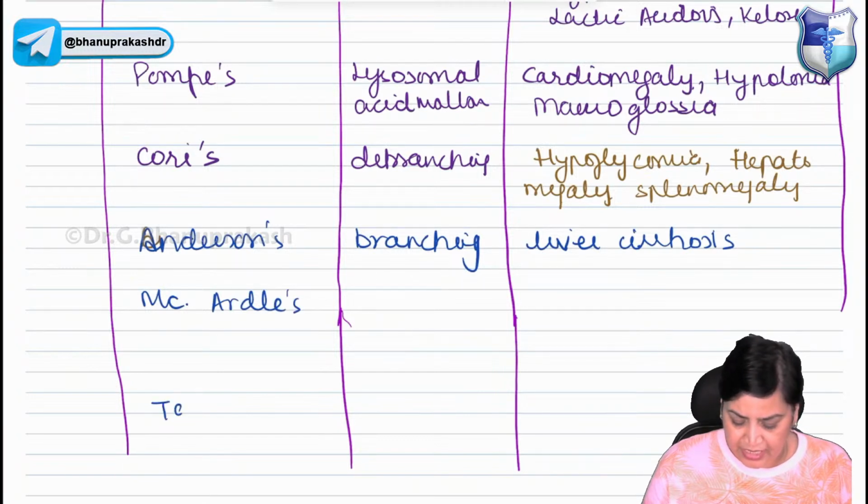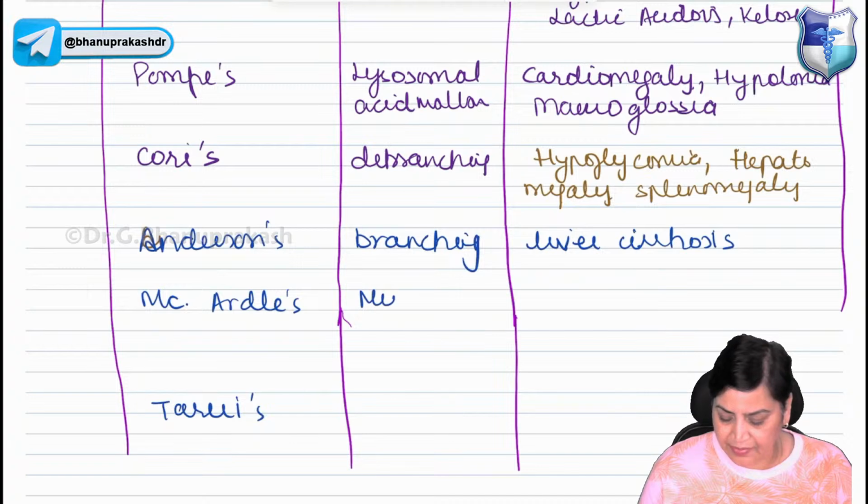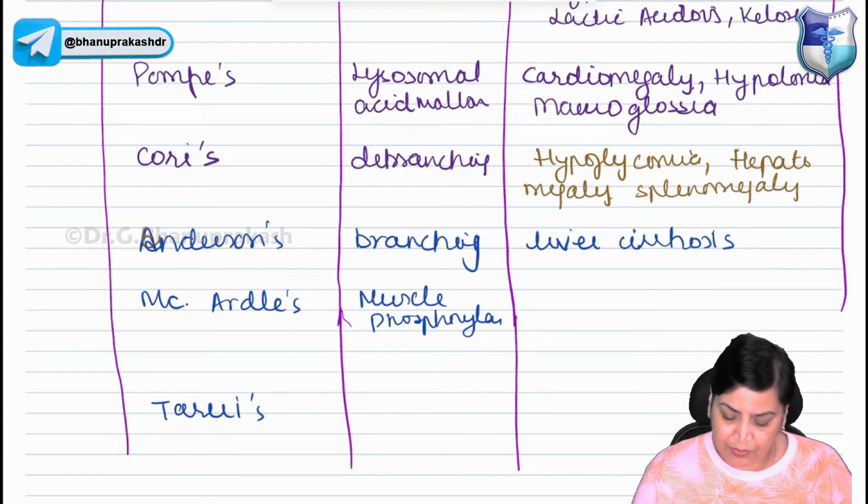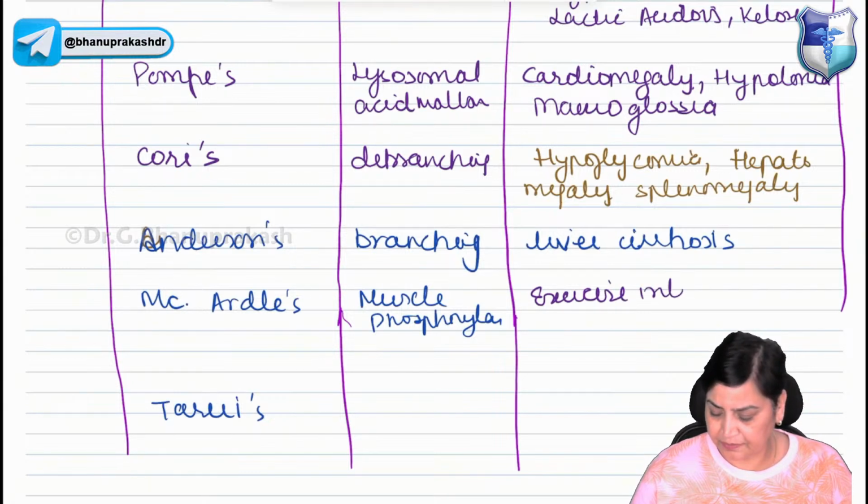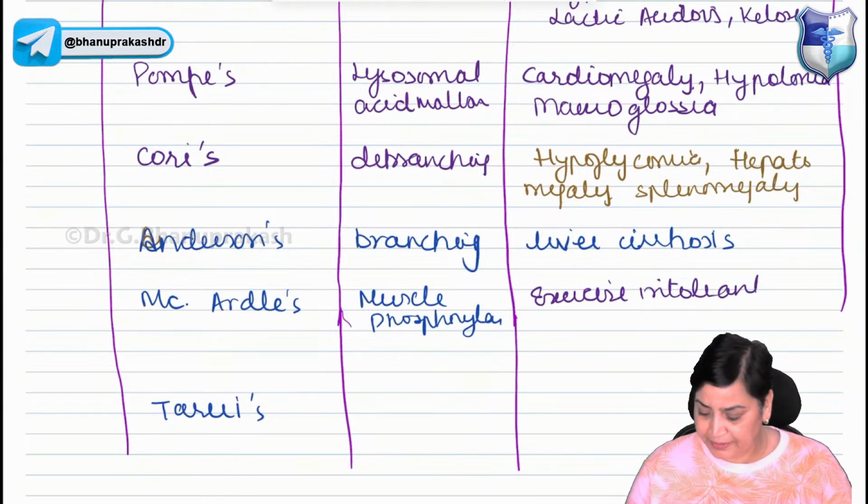McArdle's and Tarui's, I'll write like that. Disease. McArdle's, the deficient enzyme is muscle phosphorylase. And the most important feature here is exercise intolerance, obviously.